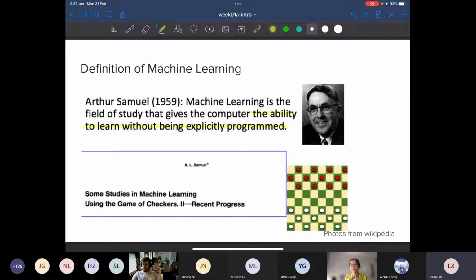For example, in Comp 1100 or similar first year classes, you're programming the computer to solve a puzzle or play a game, where every step is essentially predetermined. In here, the computer is learning from experiences or data rather than being told what to do.